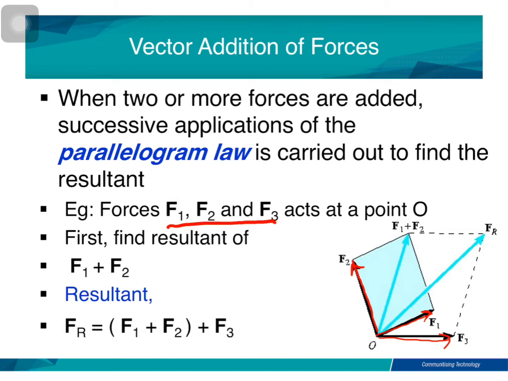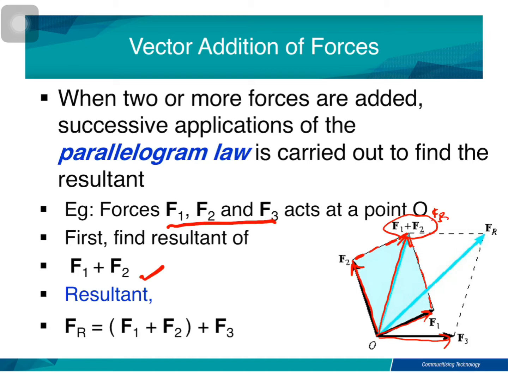First we need to get the resultant for F1 and F2. So now we need to extend this par law. This is for F2 and this is for F1. Must remember the intersection becomes the force resultant. So this one is the force resultant for F1, F2.